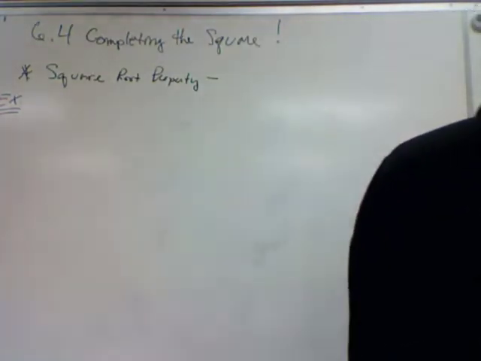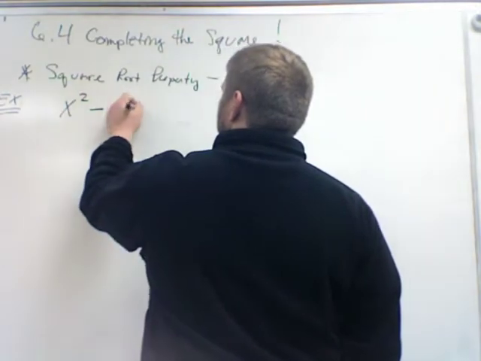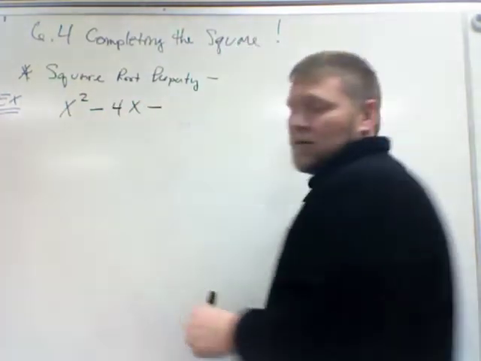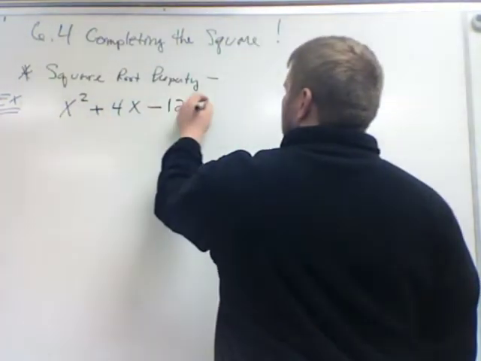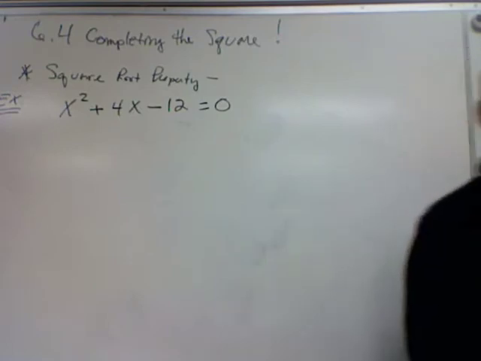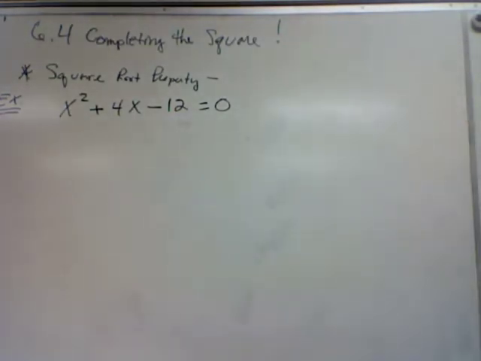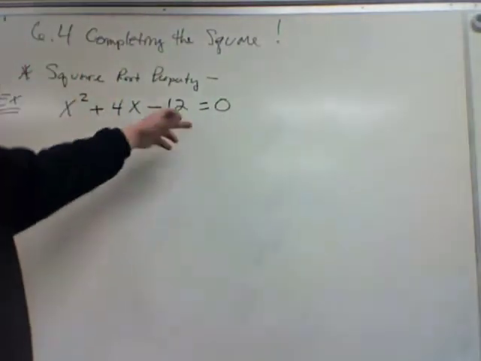I have x squared plus 4x minus 12 equals 0. And I want to solve this by completing the square. So obviously 12 is not a perfect square.